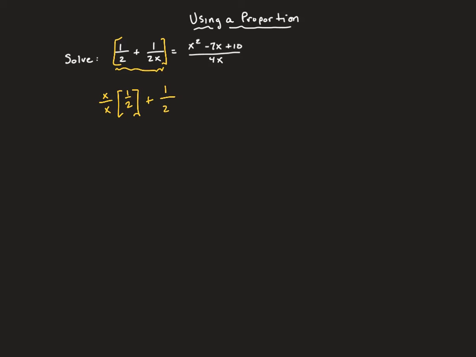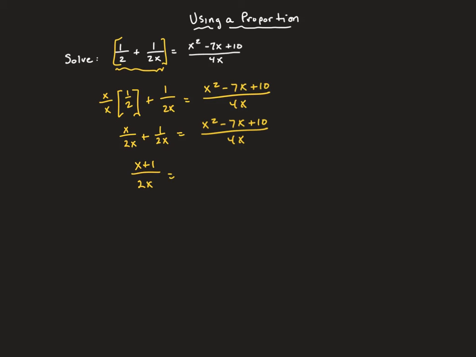Plus 1 over 2x is going to be equal to x squared minus 7x plus 10. So this left side became x over 2x plus 1 over 2x equals this same thing again. So when I combine that, I'm going to have x plus 1 over 2x is going to equal this same thing again.